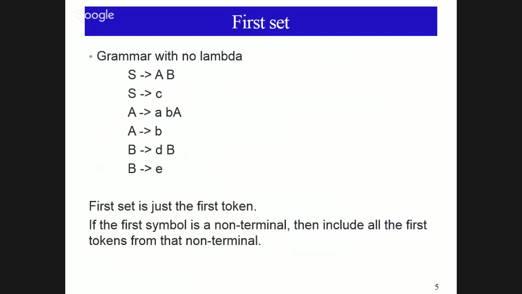So imagine this is recursive descent. I'm going to have a function for S, a function for A, a function for B. What is B looking for? B is looking for something that starts with a token D or E. If it starts with anything else, it's that last else, return false. I don't even need to look at it.